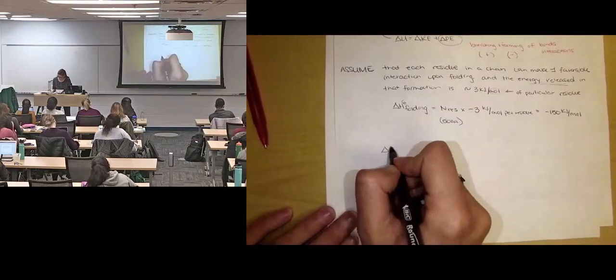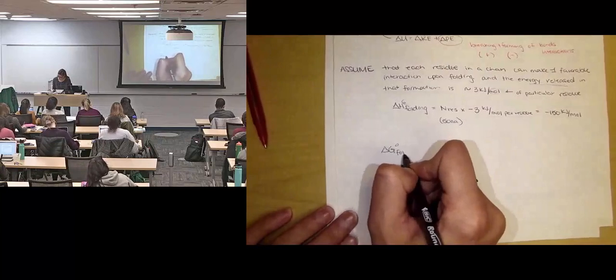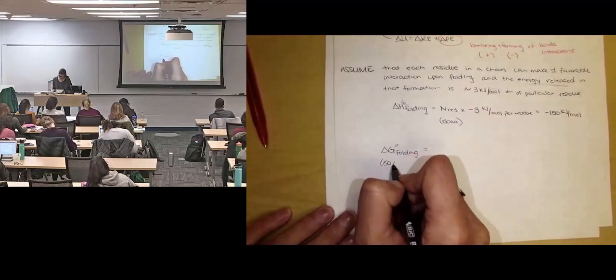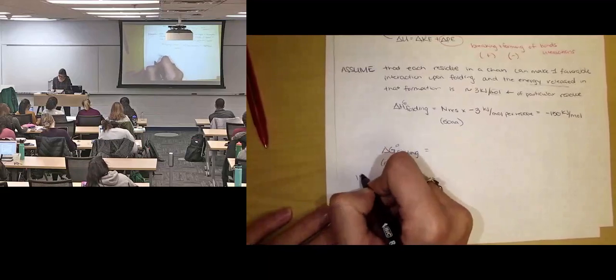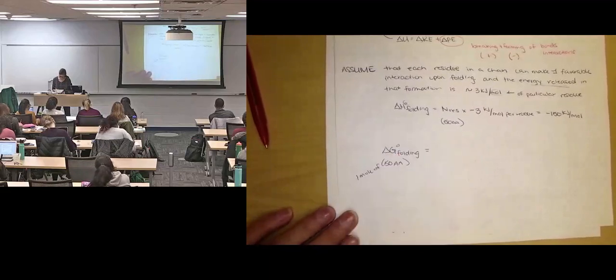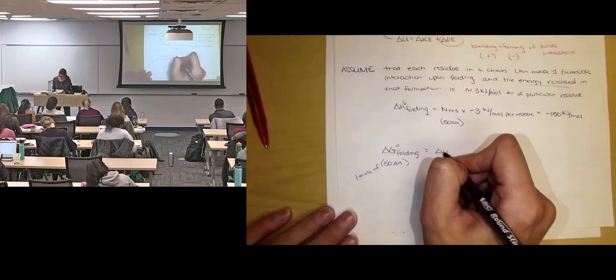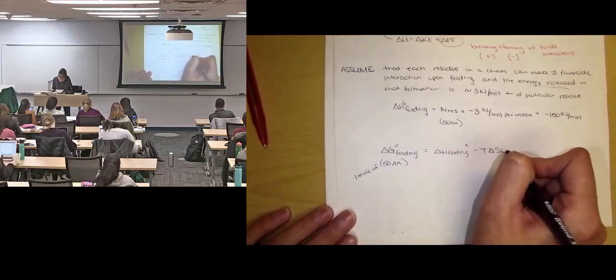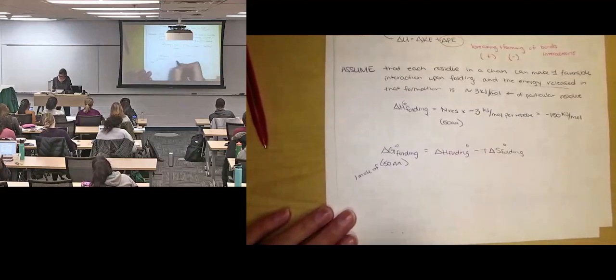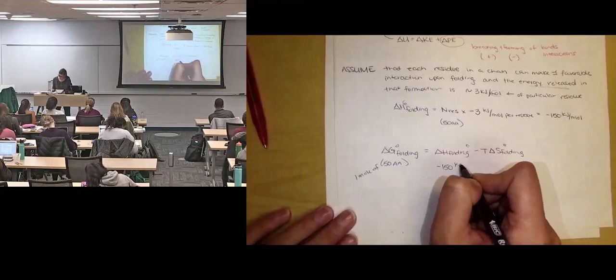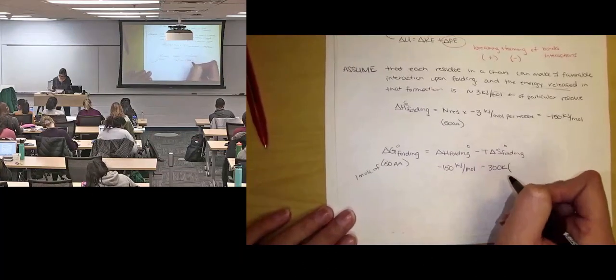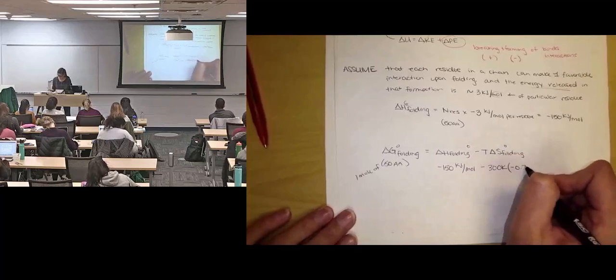So if I plug all of these numbers in, delta G of folding at standard state for 1 mole of a 50 amino acid long chain of proteins is delta H folding minus T delta S of folding: negative 150 kilojoules per mole minus 300 Kelvin times negative 0.744.